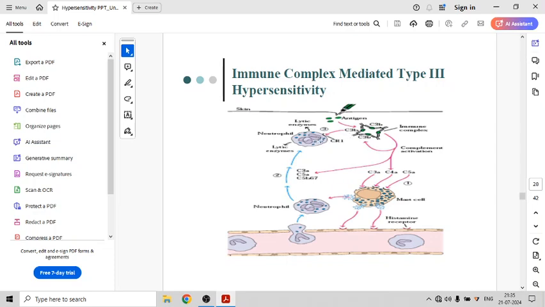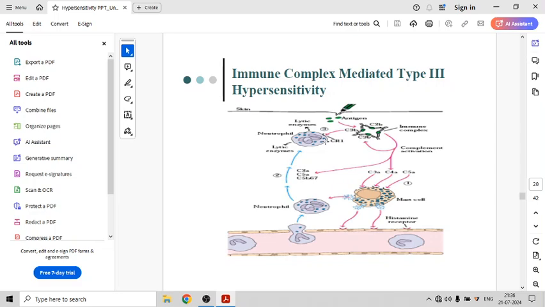And the C3a, C3b complement will result in neutrophils releasing large number of lytic enzymes. And the lytic enzymes released in that area will be responsible for dissolution of the precipitin complex that is formed in that area. At the same time, there will be bystander lysis.